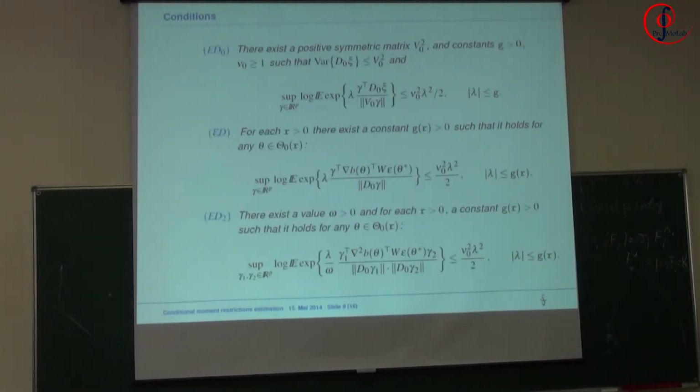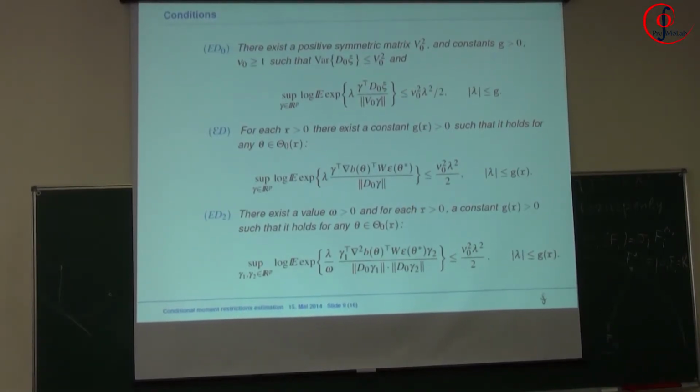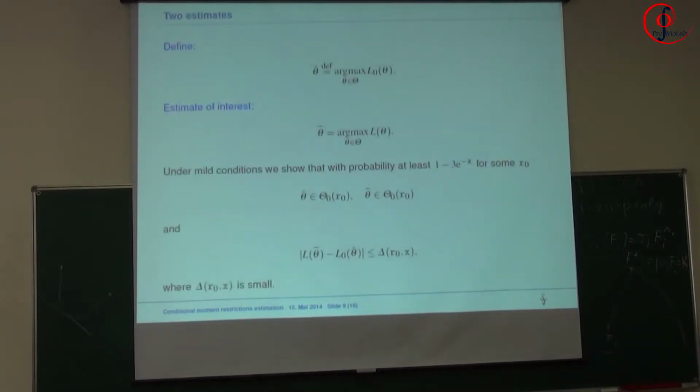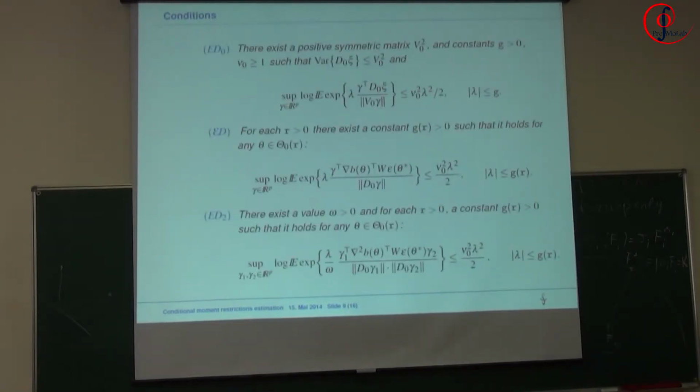So a few words about conditions that are a bit bulky, but nevertheless they all have a simple structure. We're working with some sub-exponential conditions, some vectors, matrices, our likelihoods or gradients of likelihoods.